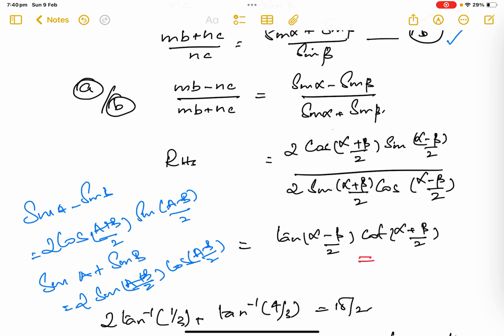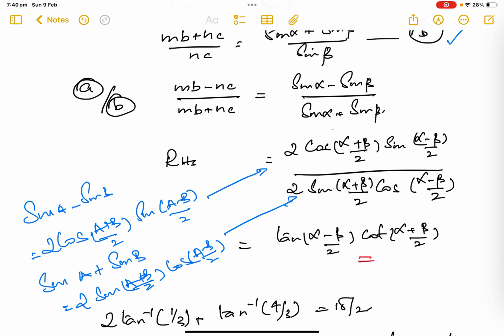So that is exactly what we are using here. So A is alpha, B is beta: 2 cos (alpha plus beta) over 2 sine (alpha minus beta) over 2, divided by 2 sine (alpha plus beta) over 2 cos (alpha minus beta) over 2.